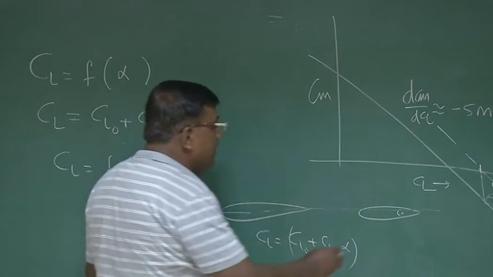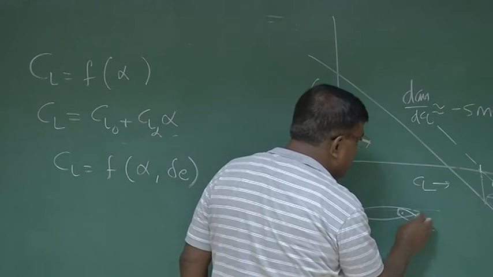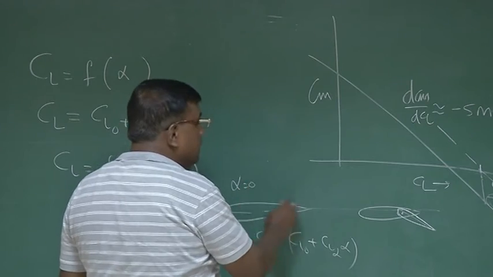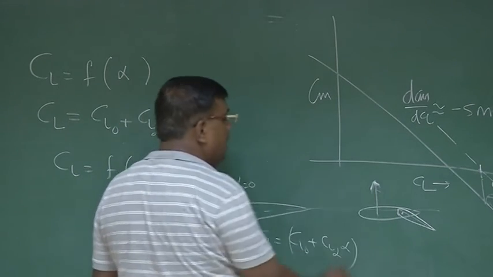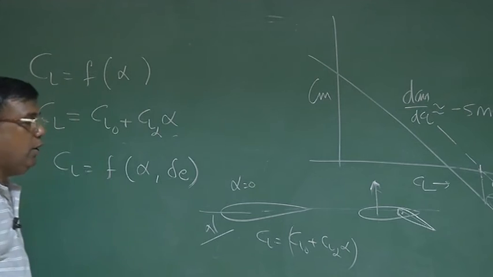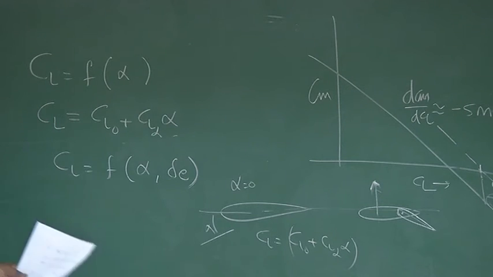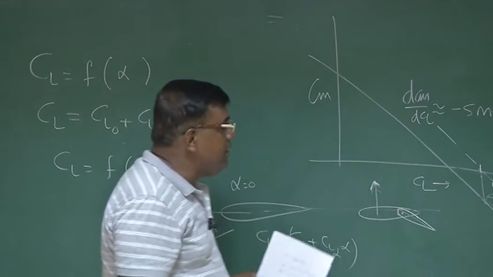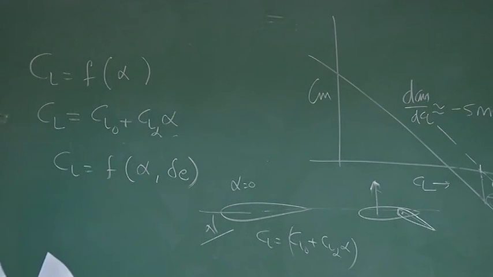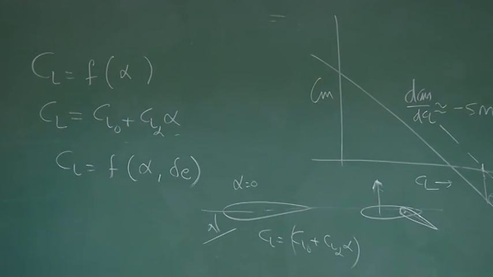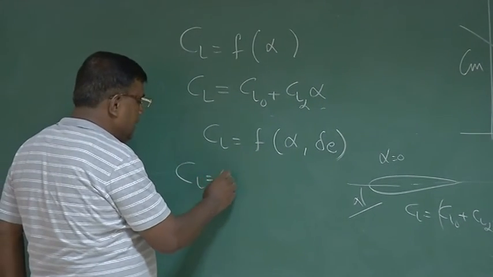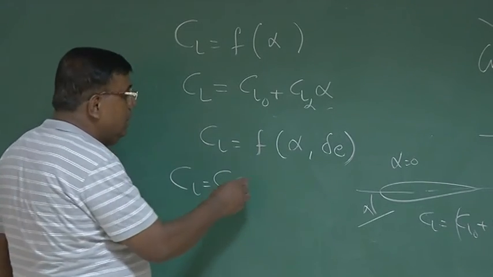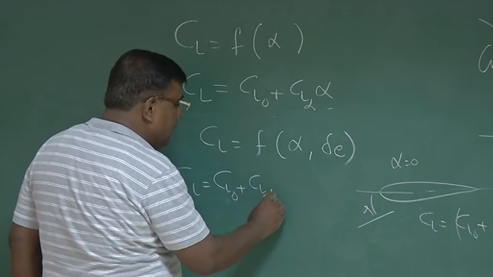But if I now give a deflection of the elevator like this, which is positive deflection, then even at alpha equal to 0, this will produce a lift. So now my CL will also become a function of delta E, right? So in a partial derivative sense, since we are assuming everything to be linear, I can write CL as CL naught when both alpha and delta E were 0, then add CL alpha into alpha.